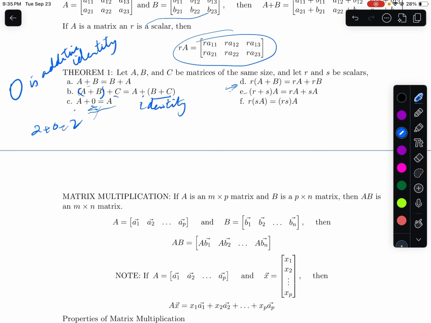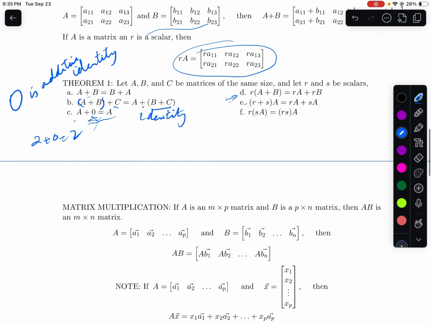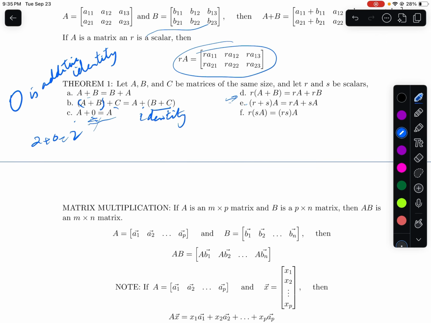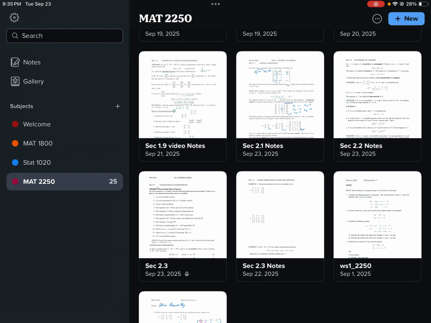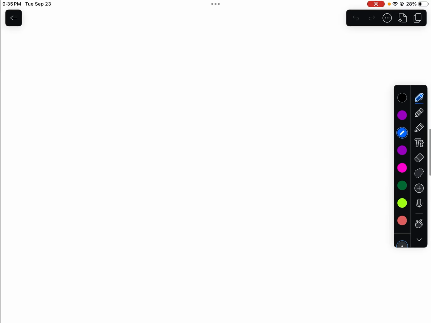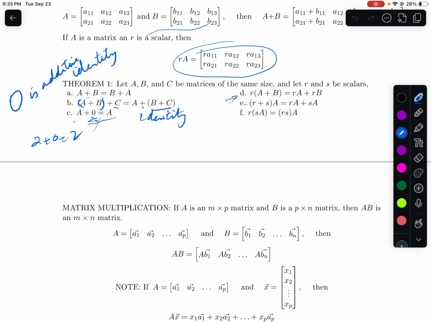E is also a distributive law, but here we have R plus S. We have two scalars being added and multiplied with A. So it will be the same as if we multiply A separately by each scalar and then add them.